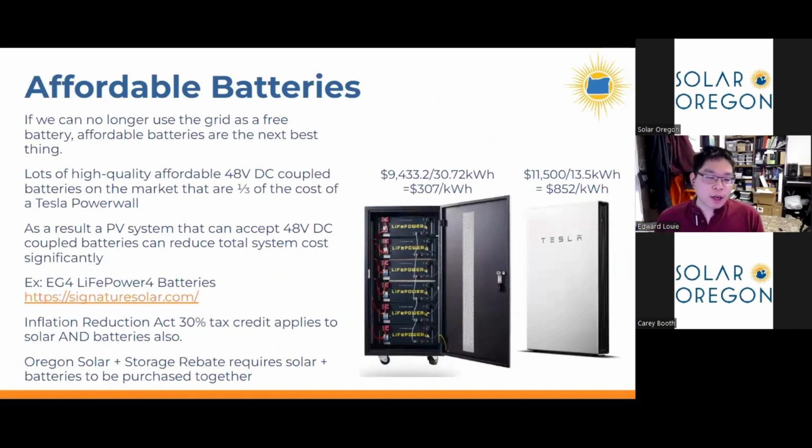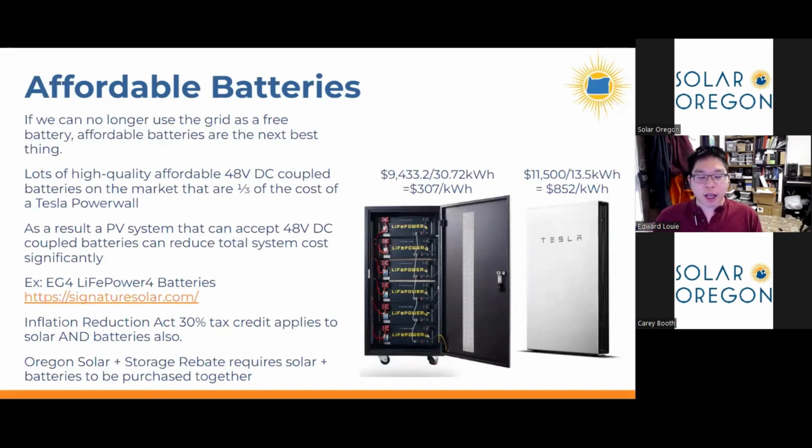And so one of the key factors to solar plus battery storage is to find batteries that are low enough cost to make it worth the while. I mean, batteries used to be fantastically expensive, and a lot of people still think batteries are fantastically expensive, but that's not really true. Batteries have come down a lot in cost, similar to how solar panels have come down in cost.